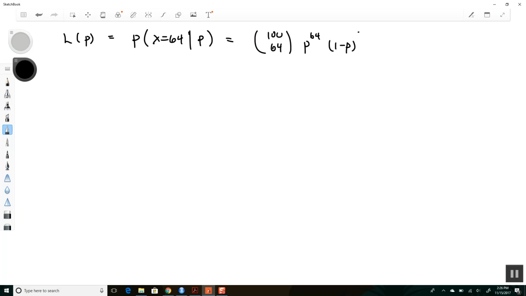I don't want to belabor this point, but probably in Stats 100B you had to solve this analytically. How did you solve this analytically? Because we're trying to maximize this function.